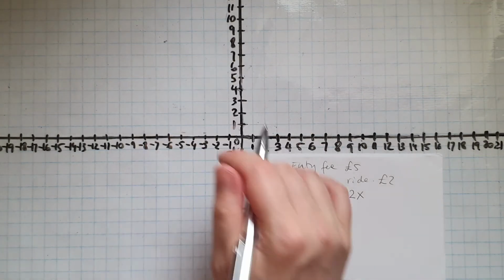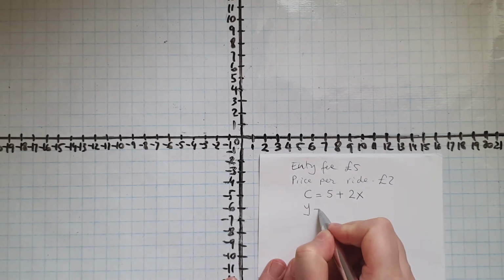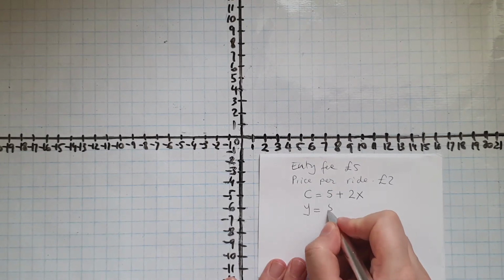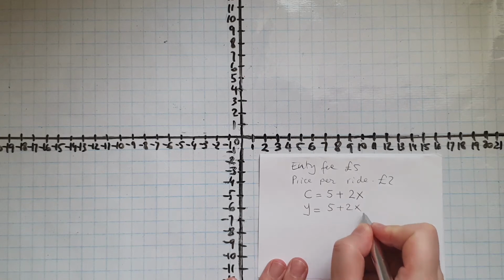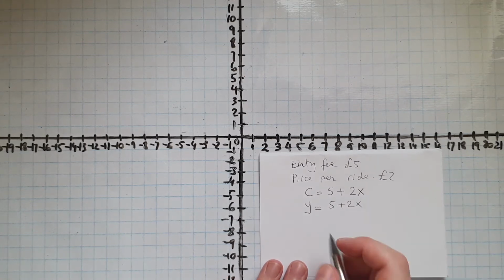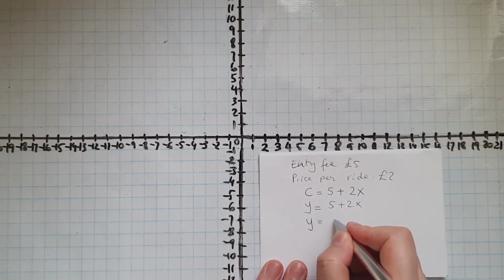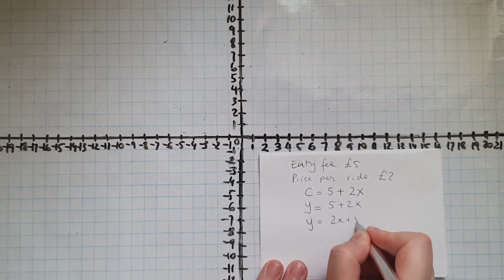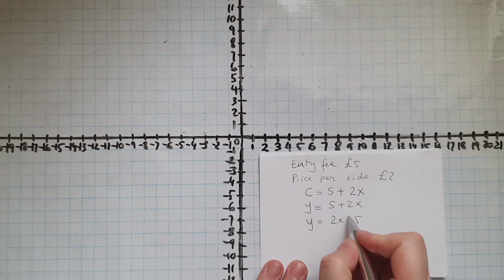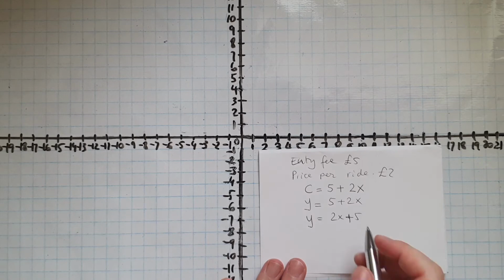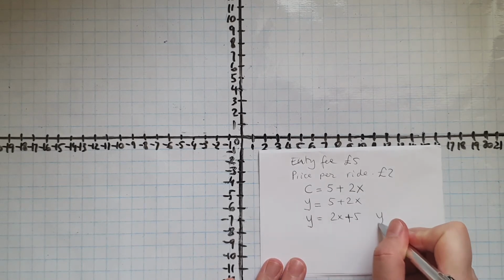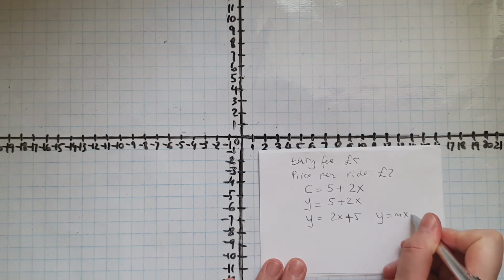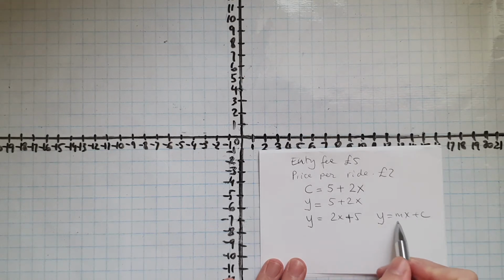and in our terms Y is going to be equal to 5 plus 2x, and I'll rewrite this as y equals 2x plus 5, which means the same thing, but this is the standard way we see them. You're going to see this being referred to as y equals mx plus c. So this is what it means.